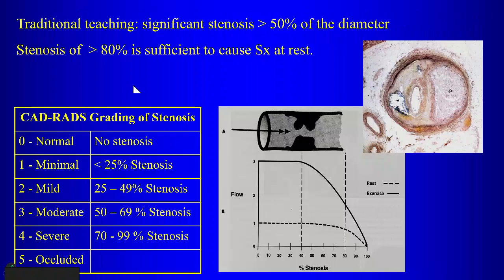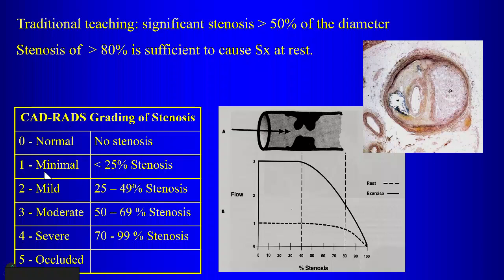As far as the grading of stenosis, when you're looking at coronary CTAs, make sure that you have this grading scheme in mind, so it correlates with a CAD-RADS score, just like we have Lung-RADS and BI-RADS for mammography. We also have CAD-RADS for judging coronary stenosis.